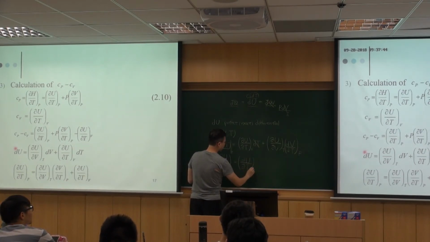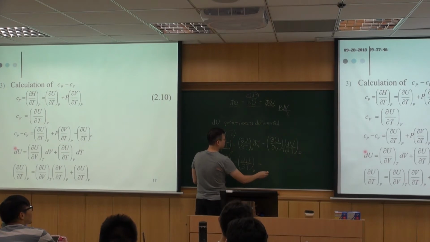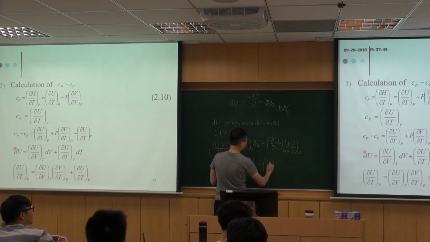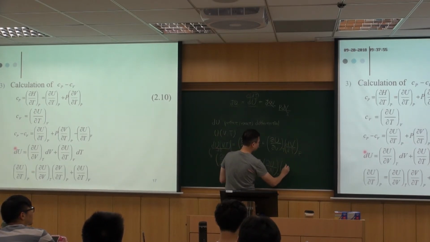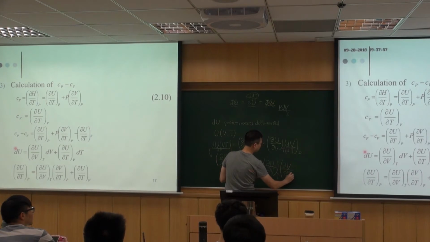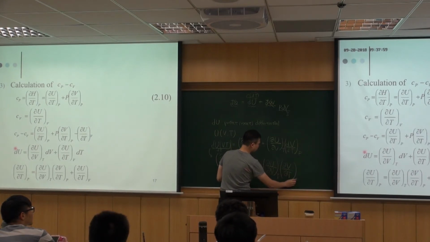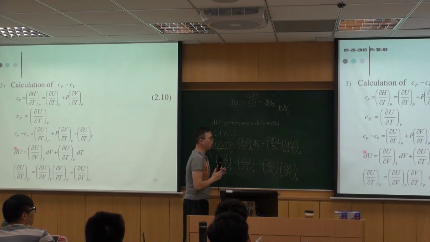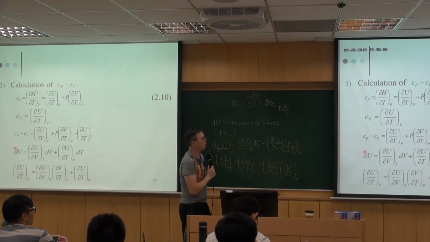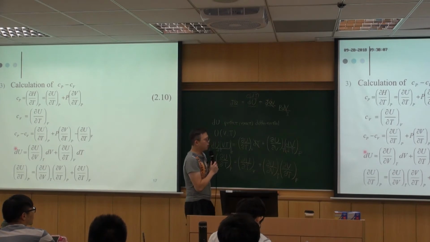something like this, plus the original partial U, partial V. And you have a partial V, partial T at constant pressure. Okay, so this is the same as what we have on the slide.